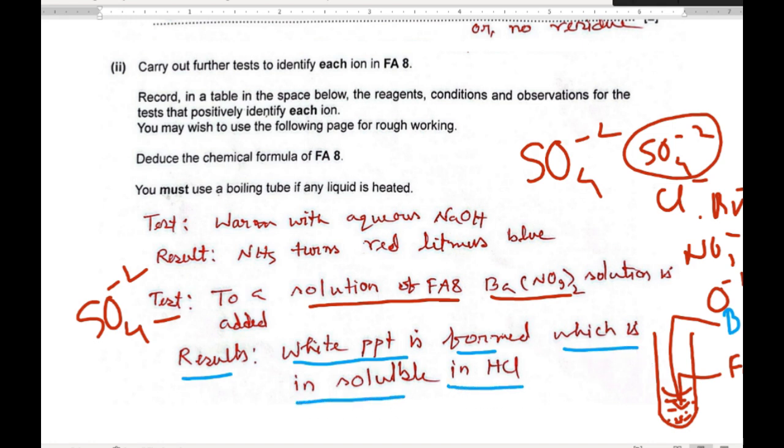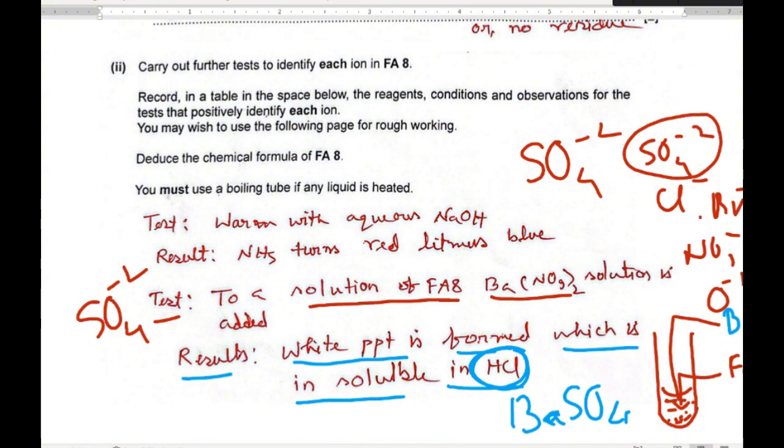This is barium sulfate. A white precipitate is formed. To confirm, you will add hydrochloric acid. If the precipitate does not dissolve, then you confirm that this is sulfate ion. You must do the confirmation test by adding hydrochloric acid. If you get a white precipitate and it does not dissolve in hydrochloric acid, you have confirmed sulfate ion.